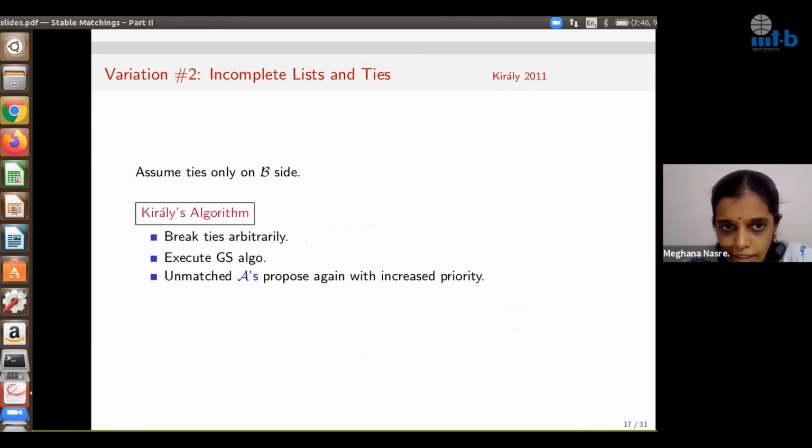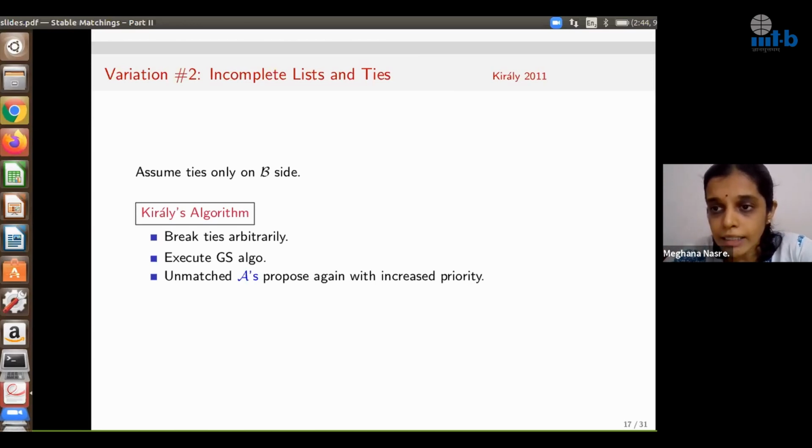We said the Kiraya's algorithm, I repeat, we are going to do it only for the case where B side has ties. So we said break ties arbitrarily in whichever way you want. Execute the Gale and Shapley algorithm. It is guaranteed to give you a stable matching for the way you have broken the ties, and that will also remain stable for the tied instance.